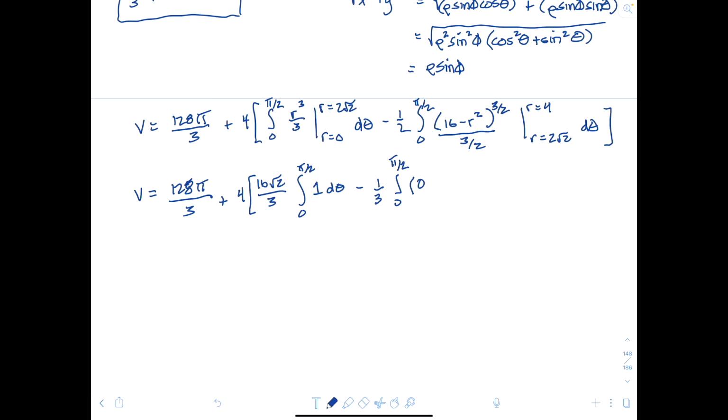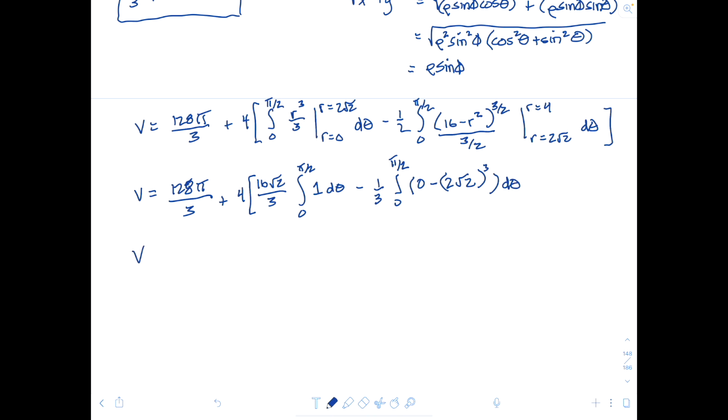When r is 2 root 2, we're going to get 8, or 16 minus 8 is 8. So 0 minus, it'll end up being 2 root 2 cubed. Doing a little algebra. We still have our d theta.